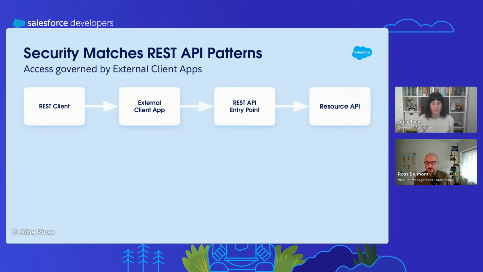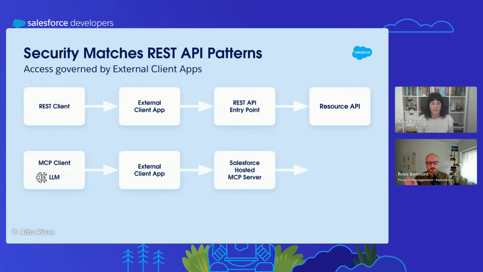So you can put the next pieces on the screen here, and the MCP client acts similarly to a REST client, still governed and controlled by settings in an external client app. And then if we advance further, we see that what we're doing is just that middle piece is the new hosted MCP server entry point, before then the request is backed by the target resource API.